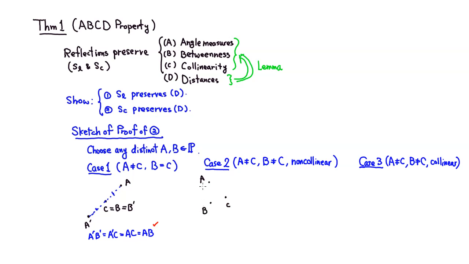Let's construct A prime with the point reflection. You're going to see that A prime is over here. And if you construct B prime, you go here, and it's the same distance there. Then we have B prime.